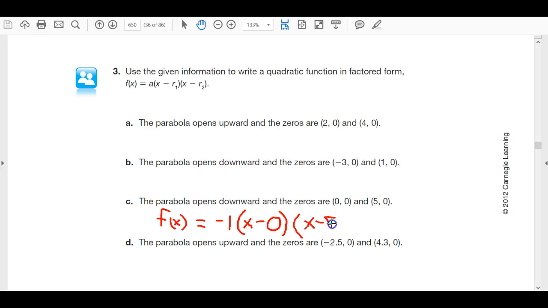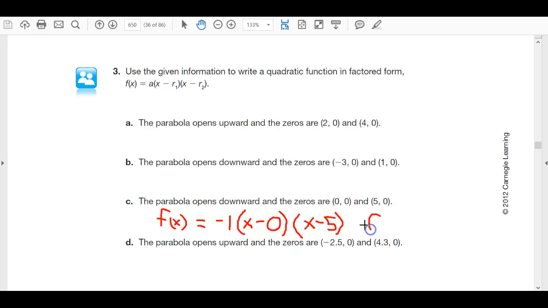So you may be sitting there and saying, this looks stupid. Why would anybody bother to write out the x minus 0 other than just to put it into this form? And you're right. We should just call that x, right? And in fact, we can do negative 1 times x, and we just call it negative x times x minus 5.